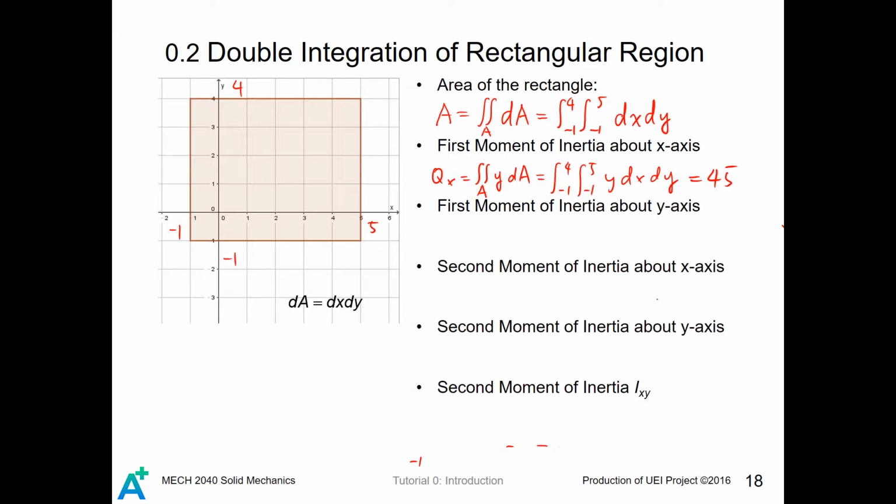Next, talking about the first moment of inertia about the y-axis, Qy equals the double integral over the entire region of x dA, which equals the integral from -1 to 4, integral from -1 to 5, of x dx dy.